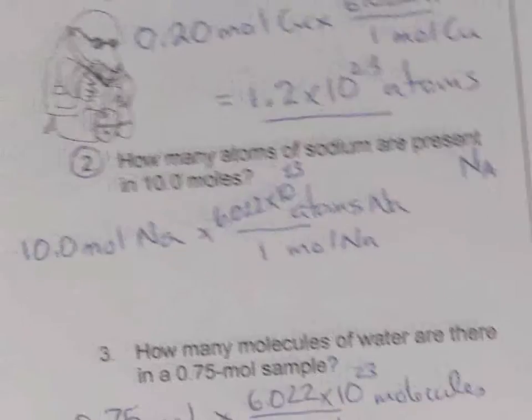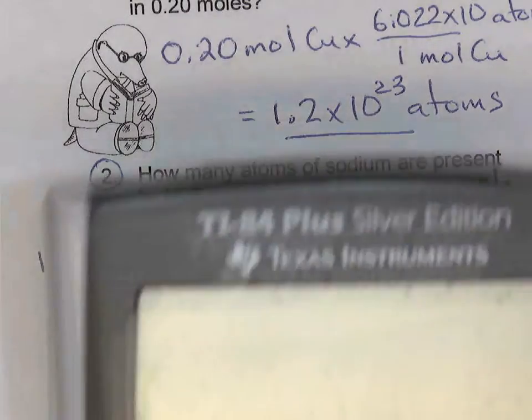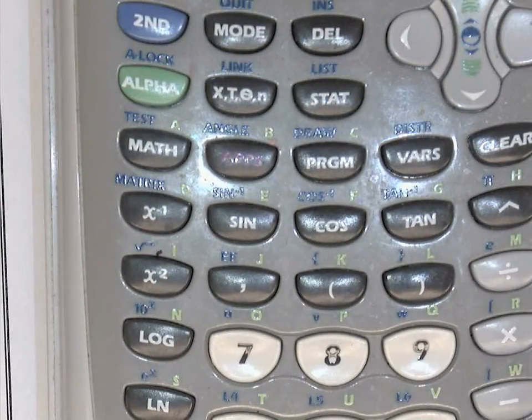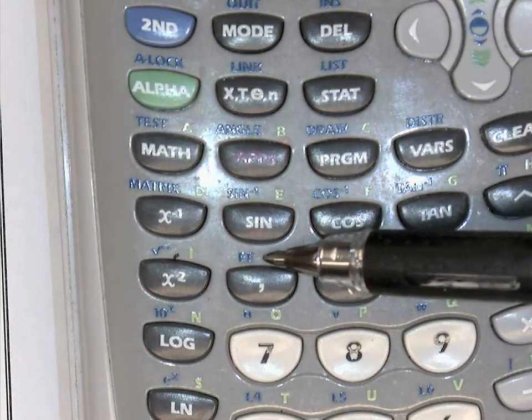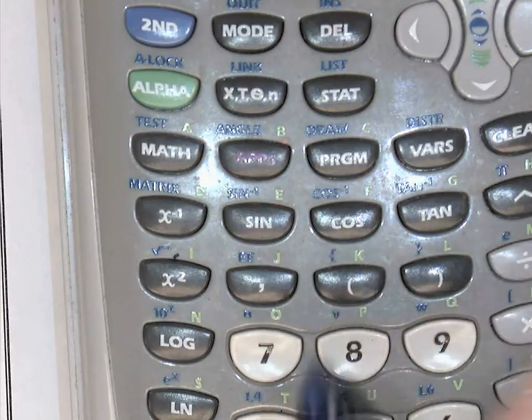And finally, on a graphing calculator, the Texas Instruments TI-84, for example, their scientific notation button, it's a little hard to see with the light, but it's a second function, and it's this EE right above the comma button on the calculator.